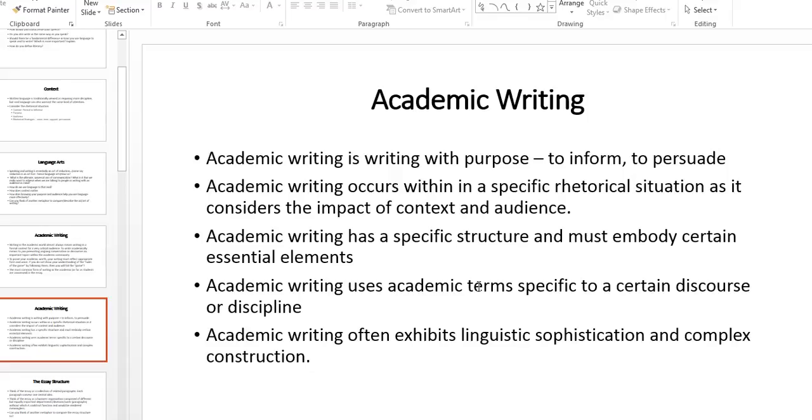Usually, academic writing tends to contribute to a certain growing body of knowledge, right? We don't write just for the sake of writing or just for the sake of fulfilling an assignment.